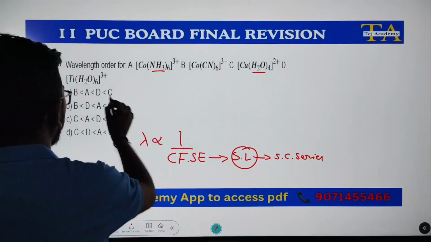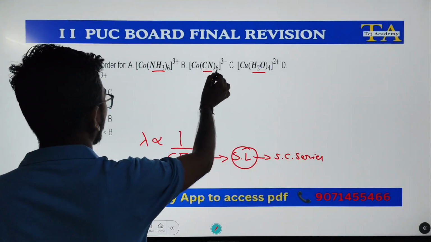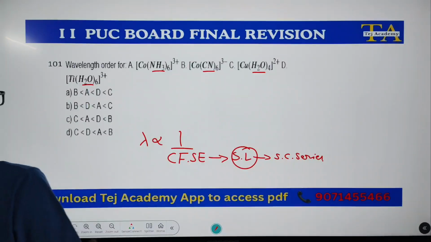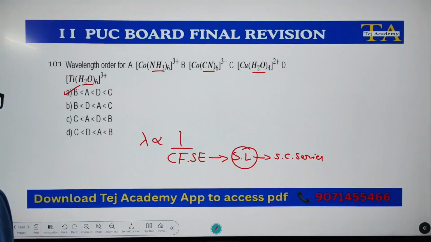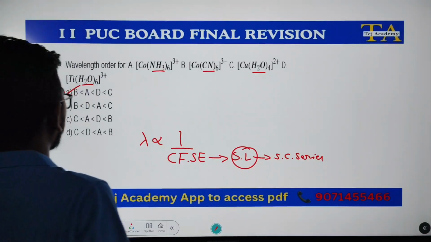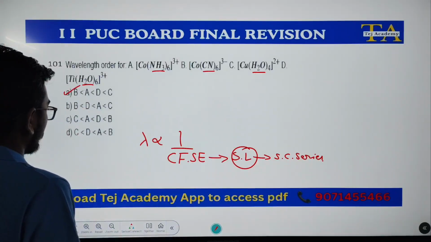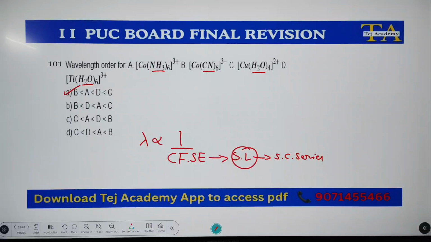Then D, again water is there, then carbon, cyanide is there. So for 101, which option is correct? Option A is the right answer. So B, A, D, C. Which is having less wavelength? So C for 101.